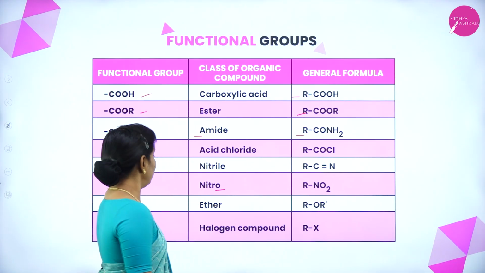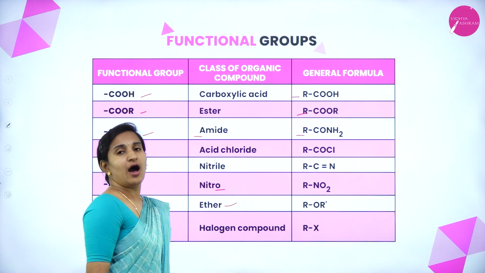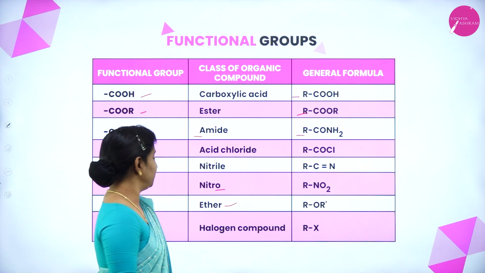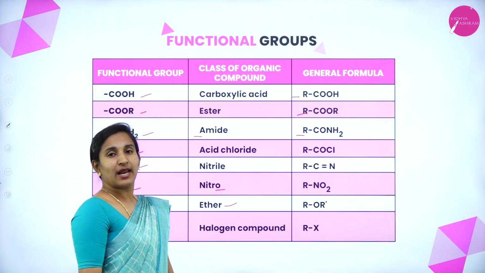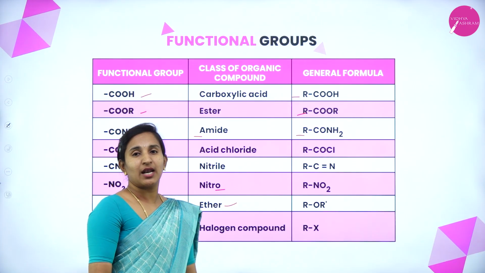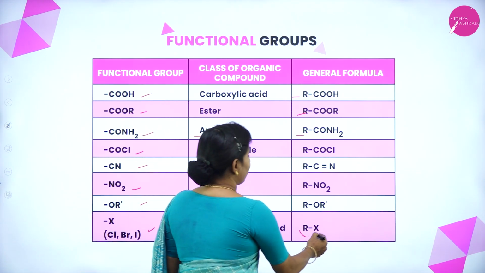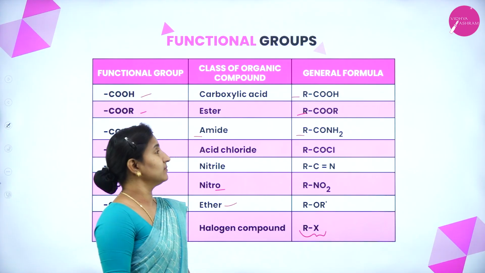OR' is ether, ROR'. X represents halogen compounds; X may be chloride, bromide or iodide, general formula RX.